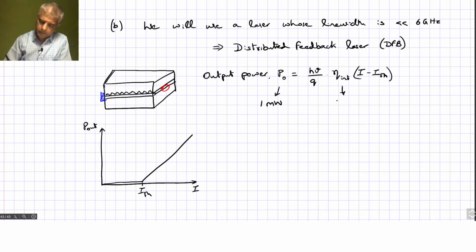So eta int is given as 0.9, and your threshold current is given as 30 milliamperes.